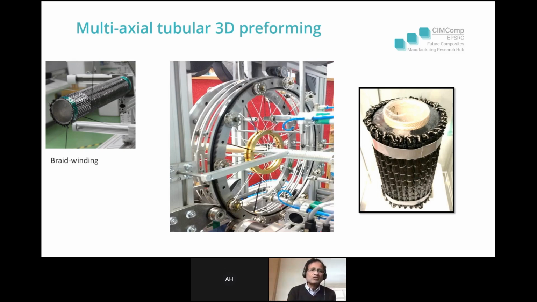This is a small desktop machine, and this is being scaled up to a much larger version to create what we call cylindrical preforms. It doesn't have to be a perfect cylinder. It can be a box section, any closed section with variable shapes, with multiple layers with through thickness binders. That's what we're trying to achieve here.